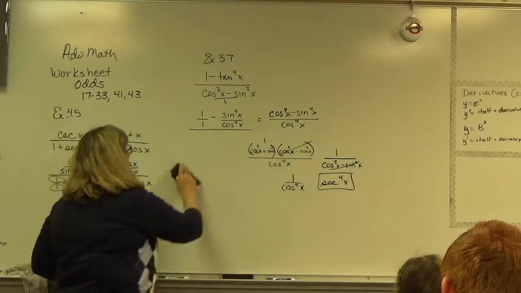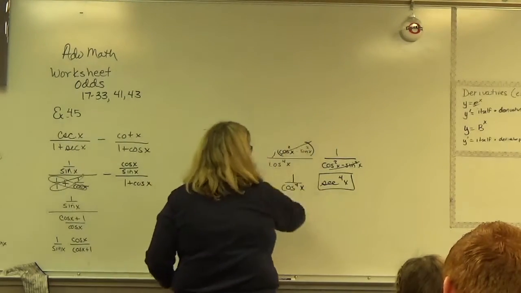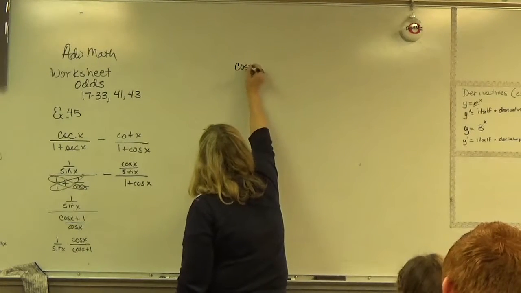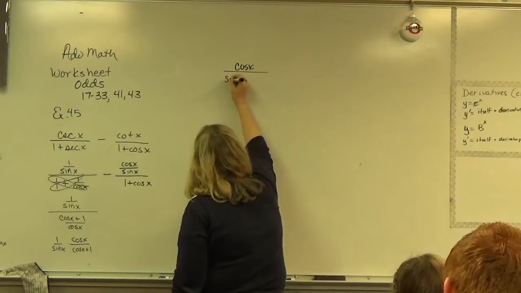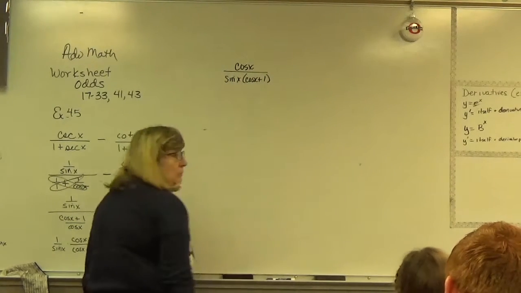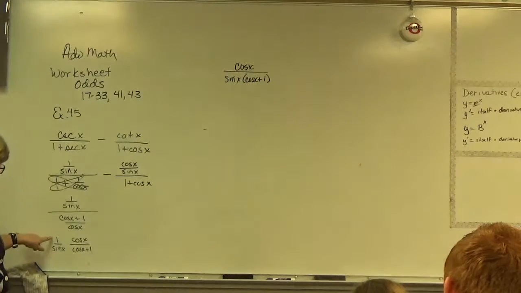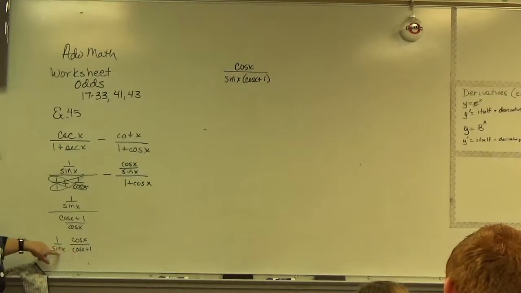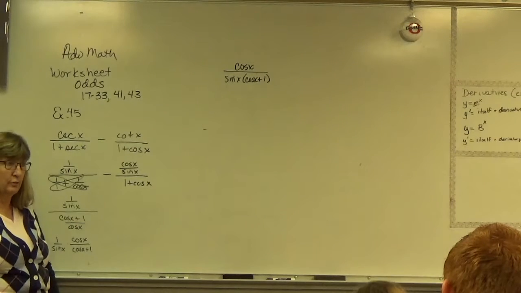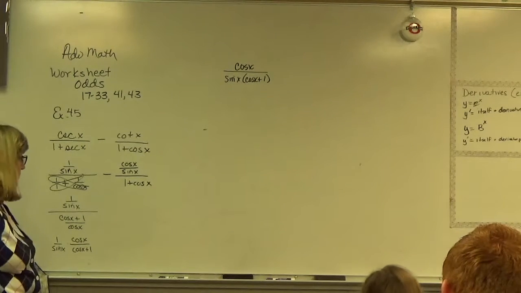Well, is it easier? It doesn't matter. Like I said, really doesn't matter the order you do things. So this is gonna be cosine over sine times cosine x plus 1. All I did was take 1 times cosine and then I left that factor because I see something that may help us later. Cancellation, I'm hoping, but we'll see.